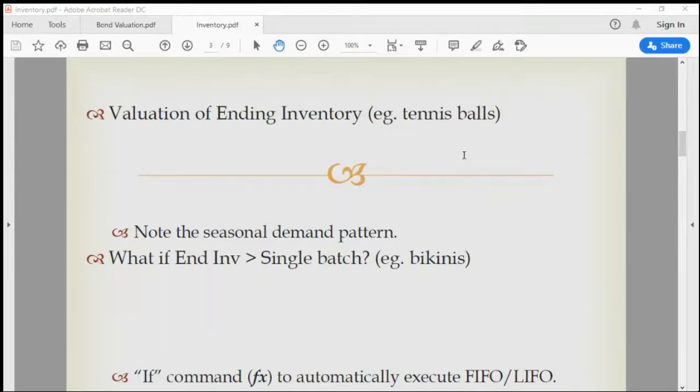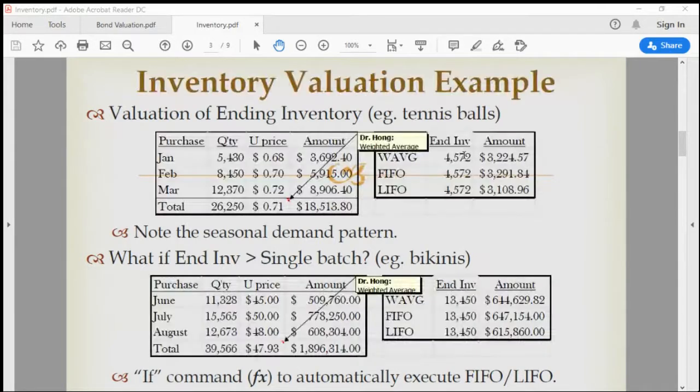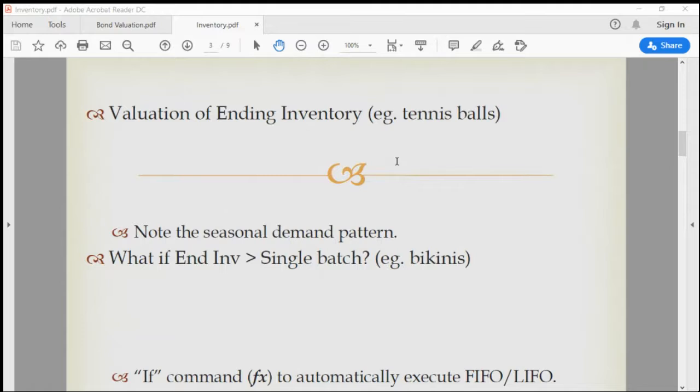And if there are like 5,000 tennis balls left, then you have to put a dollar value on it, and there had to be some rational and reasonable technique you can use to put a dollar value on it. So there are three techniques. One is called weighted average cost. Second one is FIFO. Third one, LIFO.